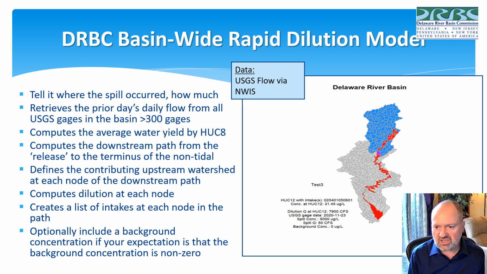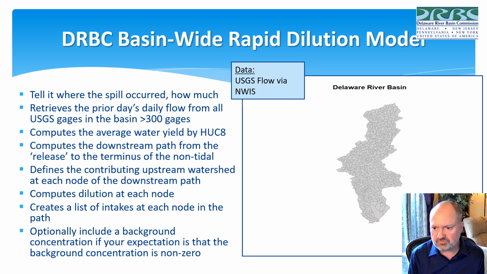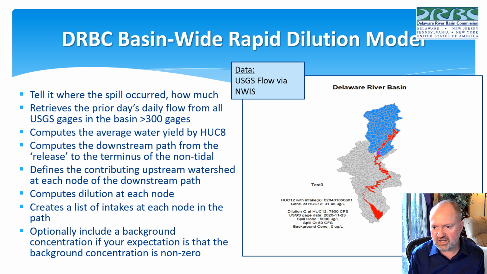What you see in the animated map on the right-hand side, we can identify where the spill occurred in the basin, and we identify the HUC 12 subwatershed. And this tool will compute the flow path from that location to the top of the estuary.